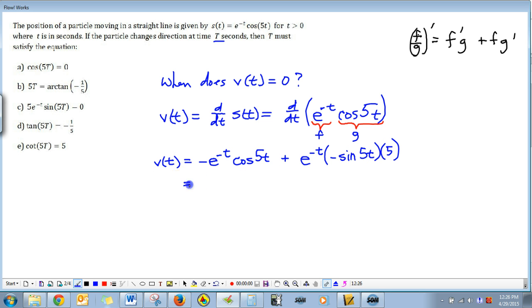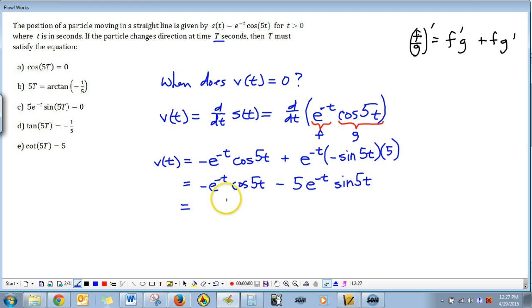So we get negative e to the negative t cosine of 5t, and then we multiply. We got times 5 and times a negative, so minus 5 e to the negative t sine 5t.